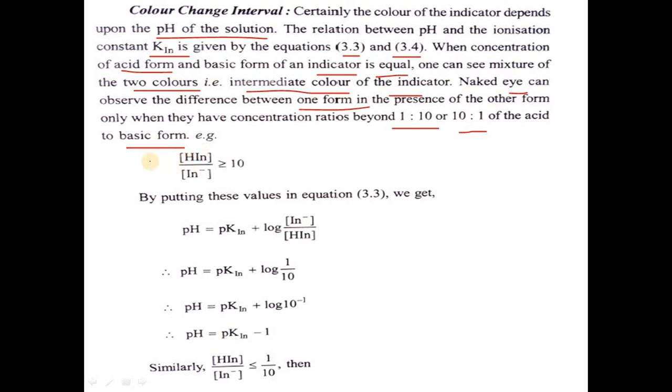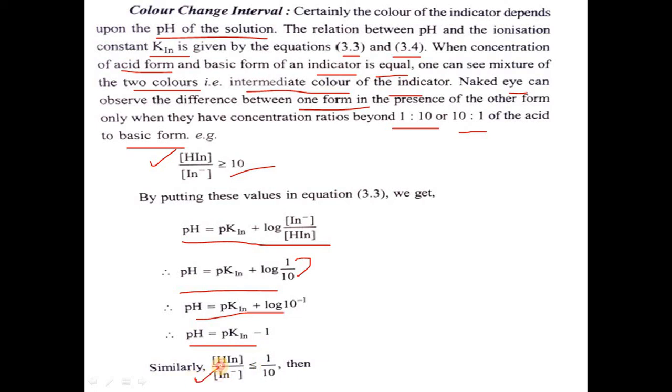So here, when the concentration of HIN divided by IN⁻ is greater than or equal to 10, then equation 3.3 becomes pH = pKIN + log [IN⁻]/[HIN]. So pH = pKIN + log 1/10, that is pH = pKIN + log 10⁻¹. See, so here pH is equal to pKIN − 1.